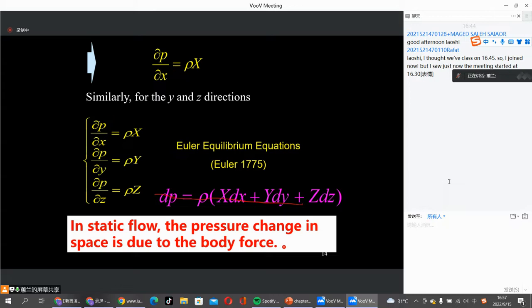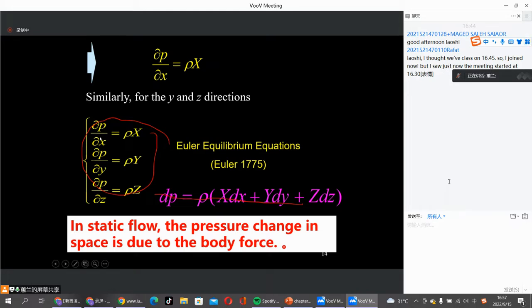You just use this. It's enough, okay? This Euler equilibrium equations told us that in static flow, when the fluid is at rest, the pressure change in space is due to the body force. Or we can say because of the body force, the pressure changes in space.